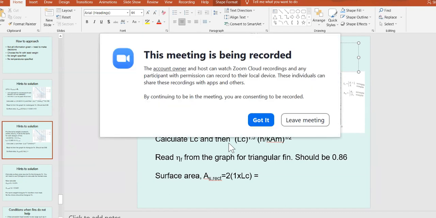Yeah. So to understand this one, our logic is that since we have started with an arbitrary length of the rectangular fin, now we will see if a triangular fin of equal weight can be fitted, what the length would be, and then we will compare which one performs better, and based on that we come to the decision.